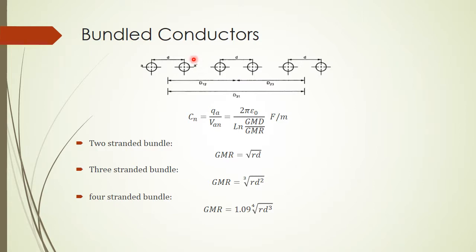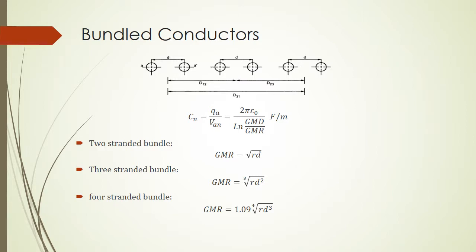So in case we have bundle conductors, we need to change the R into GMR, or geometric mean radius. In case of a two-strand bundle, the GMR equals the square root of R times D. In case of a three-strand bundle, the GMR will be the cube root of R times D squared.